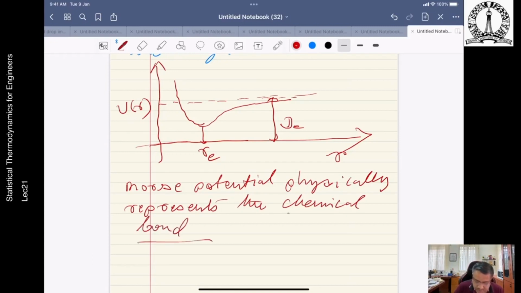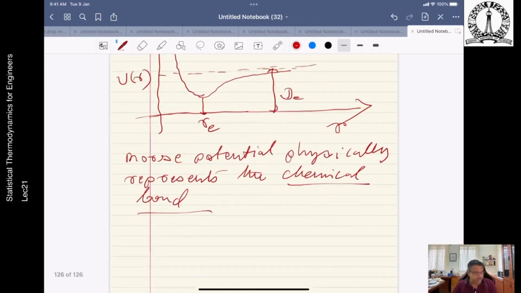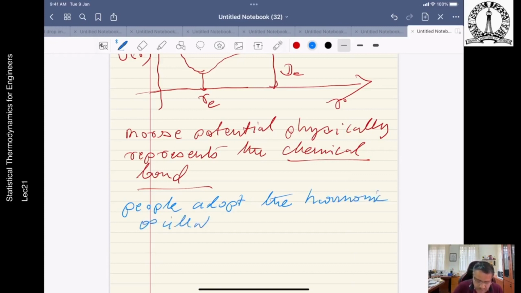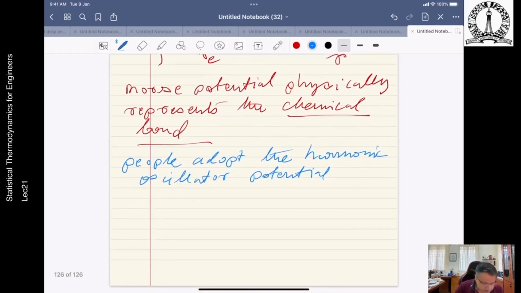But it is hard to deal with. So people adopt the harmonic oscillator potential, which is much easier to handle.